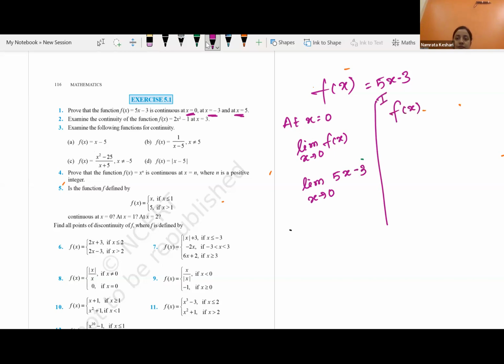Yeah, 7, the limit value. The limit value, Miraj, will be equal to 7. If you put x as 0, are you going to get 7? No, no, minus 3. Minus 3. Is there any confusion?